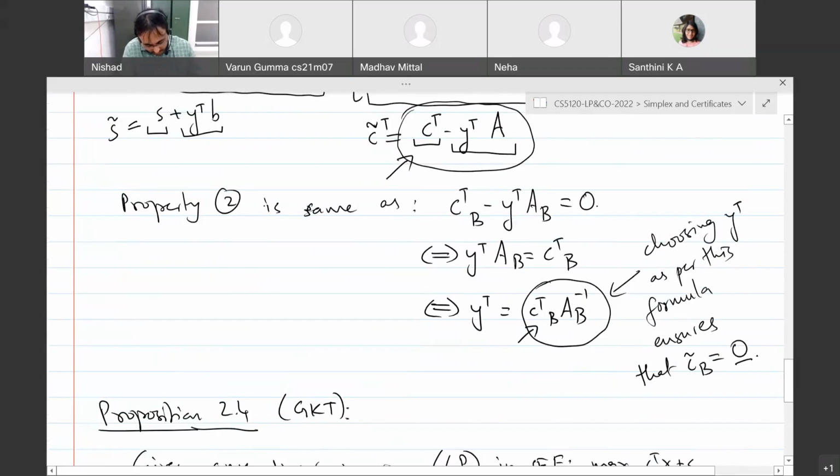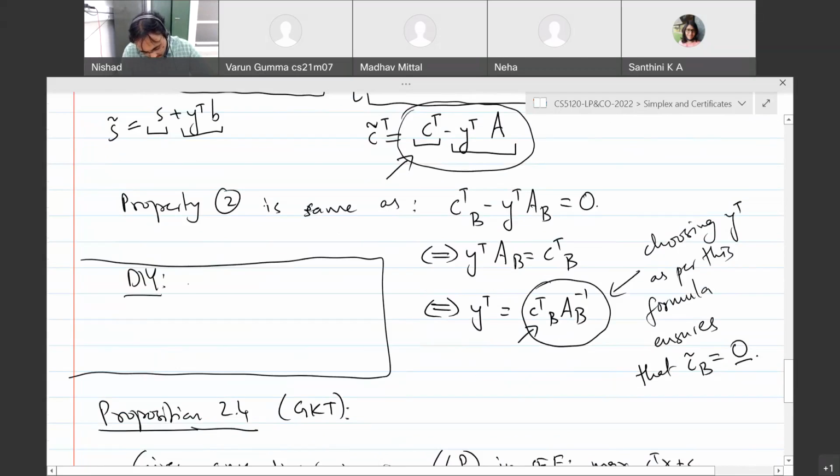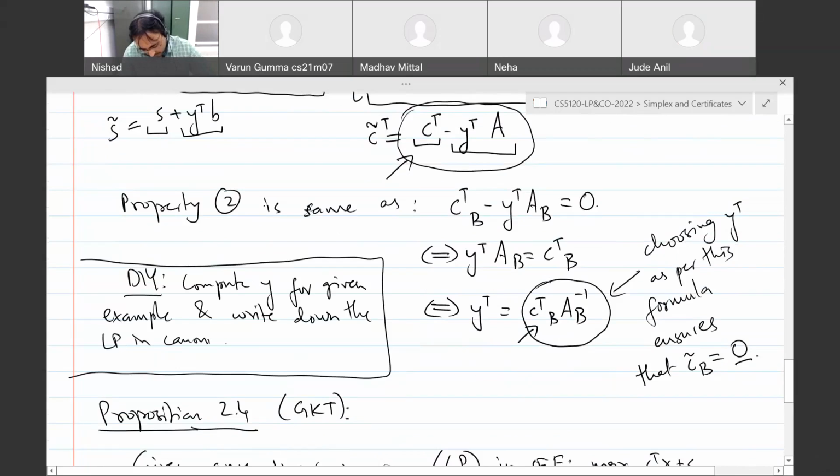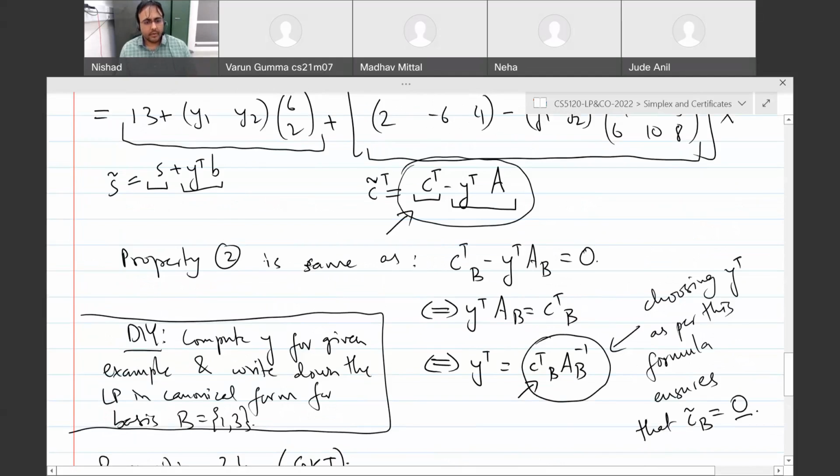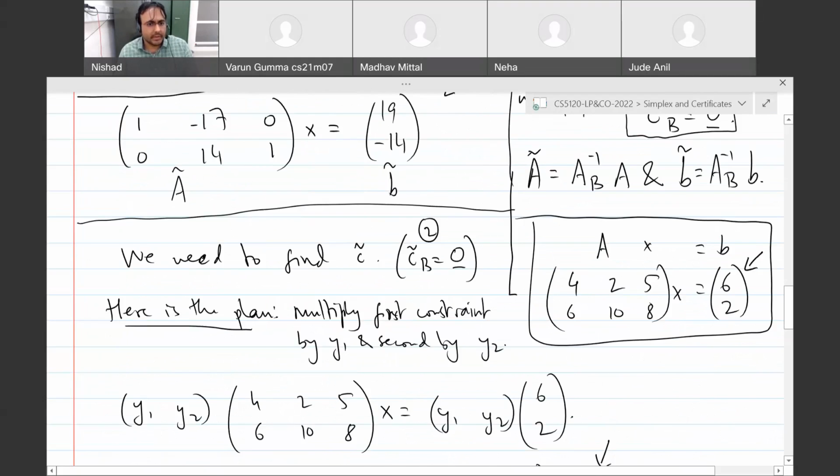Maybe I'll give it as a do it yourself: compute y for the given example and write down the LP in canonical form for the basis B equal to 1 and 3. Are there any questions or concerns regarding anything we've discussed so far?